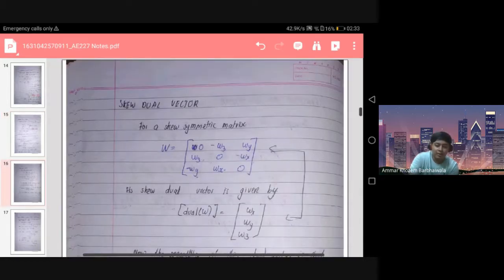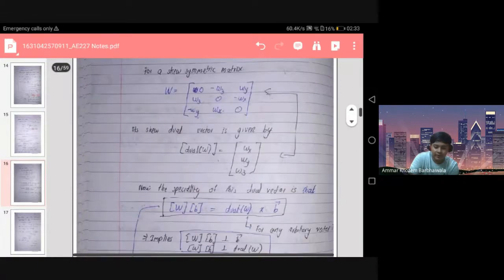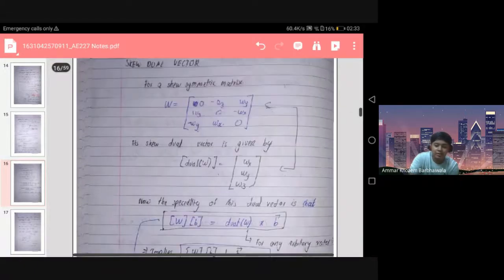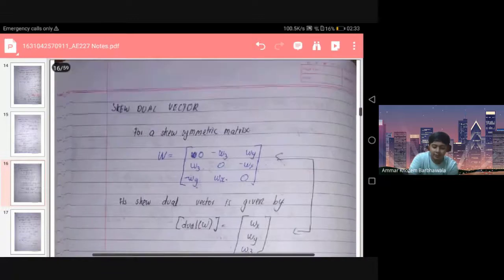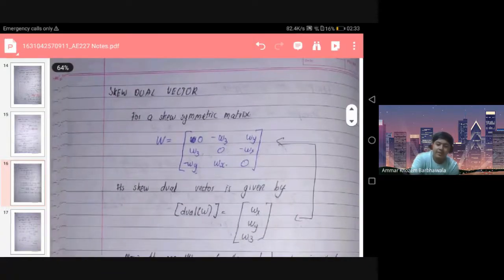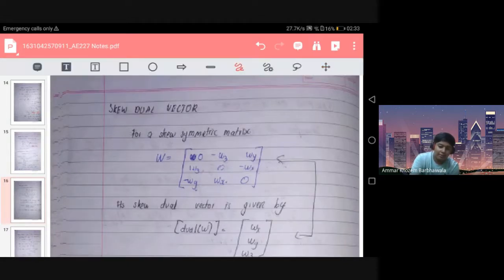Now there's this important thing called a skew dual vector. For a skew symmetric matrix, you can write a dual vector. If I have this skew symmetric matrix, then these components, omega x, omega y, and omega z, I can compile into a vector.